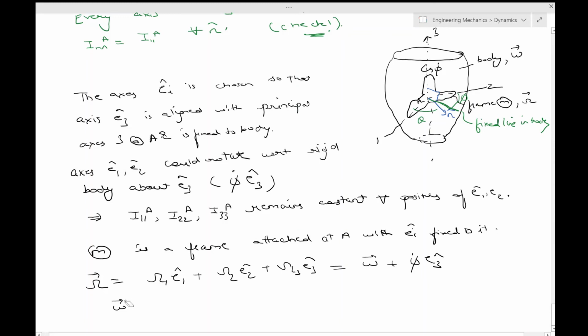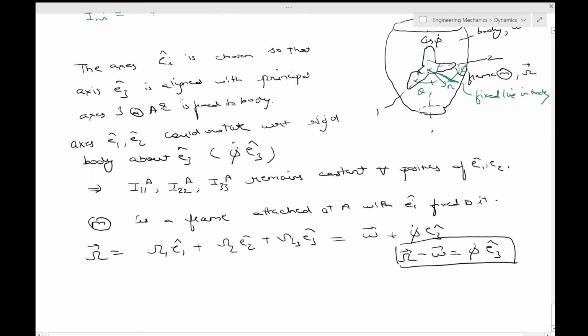I mean, the answer for this is quite simple. You have to see the relative angular rotation, the rotation of the frame M with respect to the body.